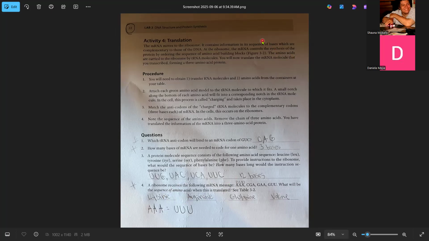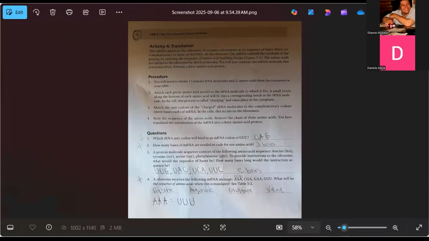So now we're going to go to the next one. Let me get your next screenshot here. Okay, here's your tables. These are just the tables that you had.